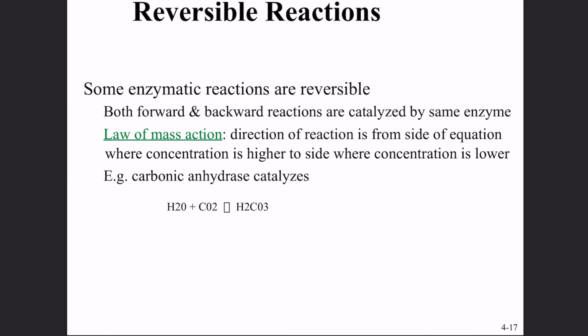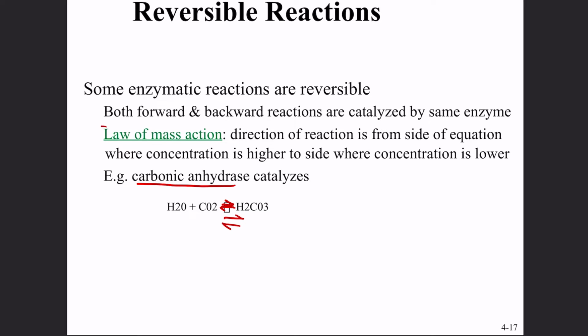Some enzymes are able to catalyze their reactions in reversible ways. An example of this would be carbonic anhydrase, and it is what allows for our buffer system in the body, where carbonic acid can be produced out of water and carbon dioxide, and it kind of goes in between this equilibrium state.